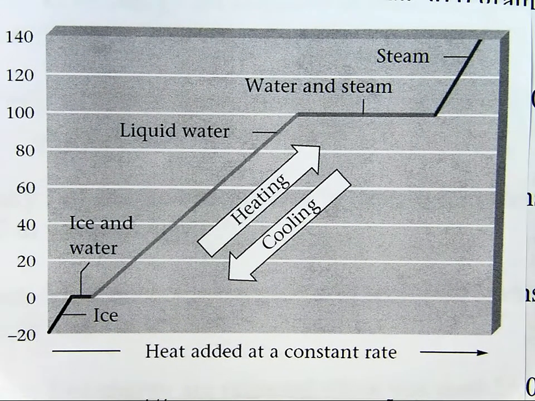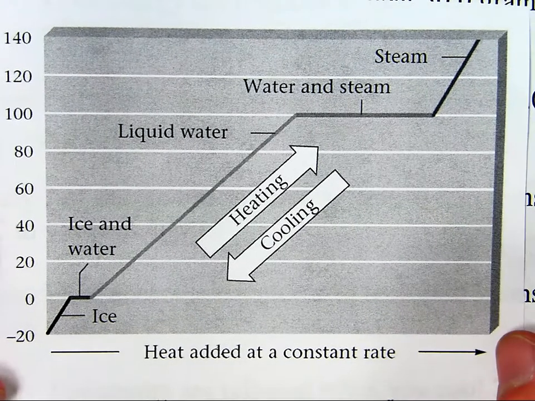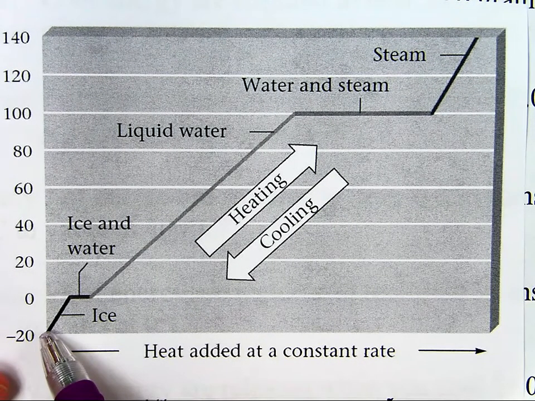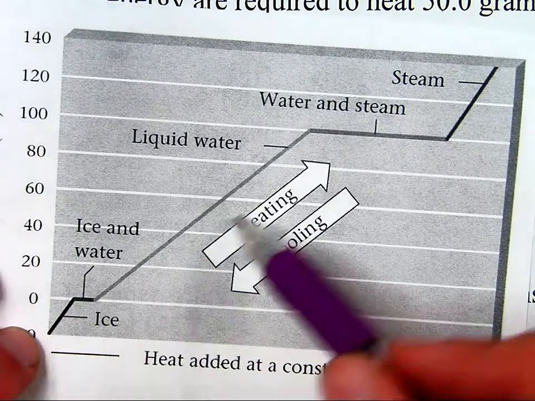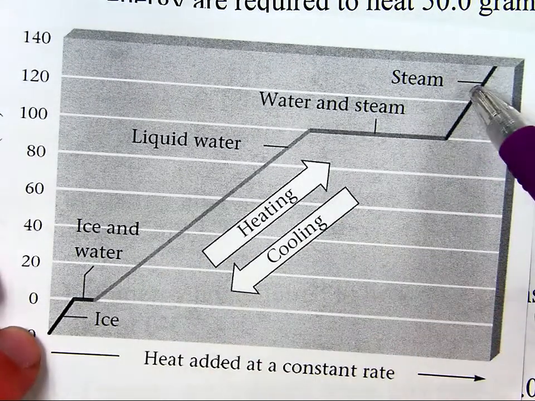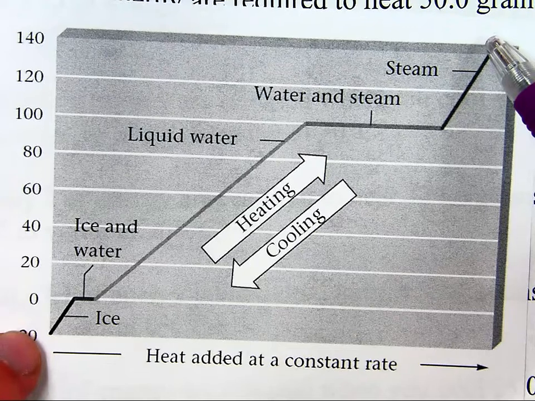In this scenario, you have ice, and it's asking how much energy to heat this ice from a really low temperature all the way up to vapor, aka steam, at a very high temperature.